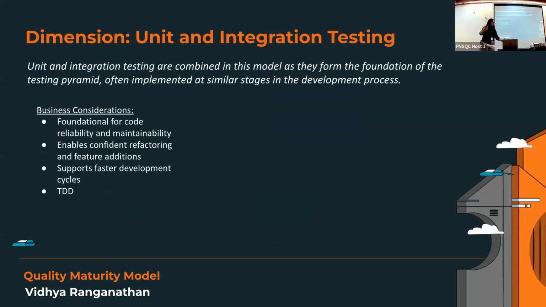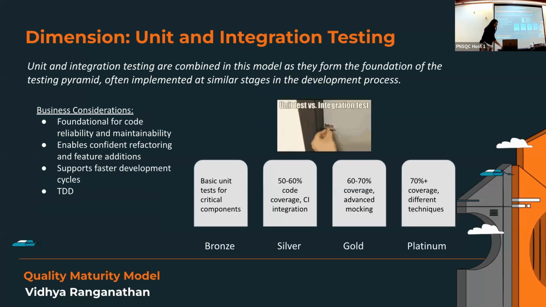Again, I'm not going to go into the definition of it, but the business considerations. This is the first level of test that you ever write for your product, so we want to make sure that we consider this. And again, bronze to platinum, it's a slow progression. We have basic tests in here. This is the whole TDD approach. We have the basic tests. Start measuring the coverage that you have in your unit and integration tests.